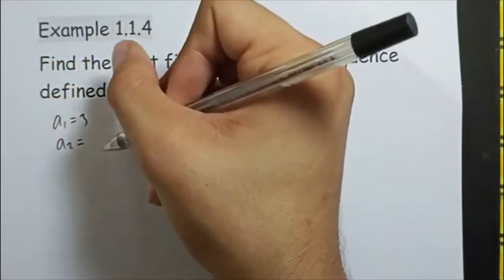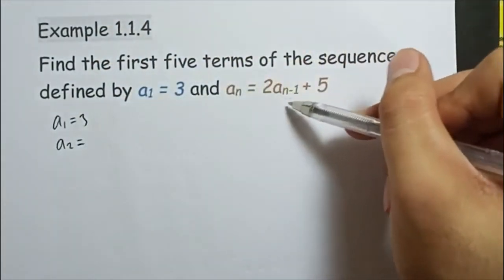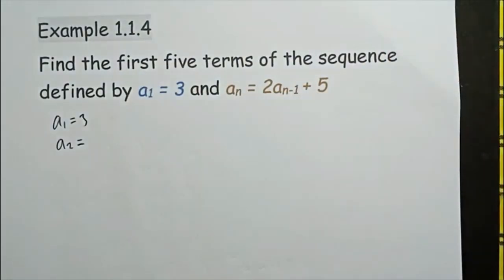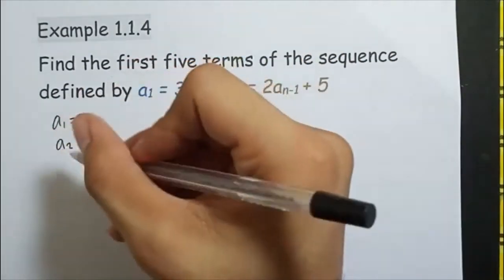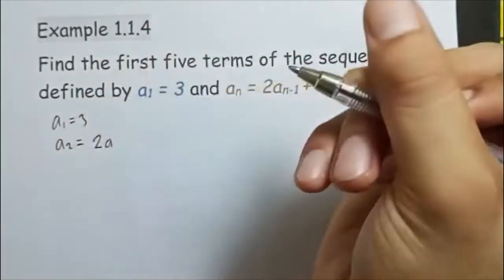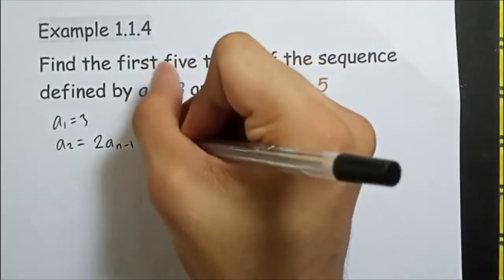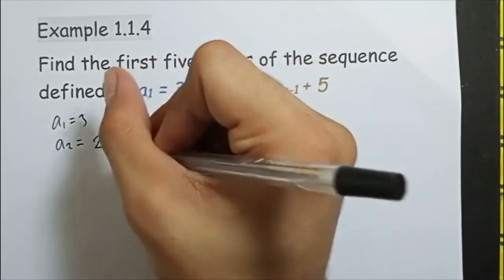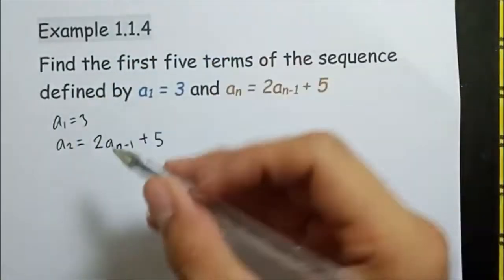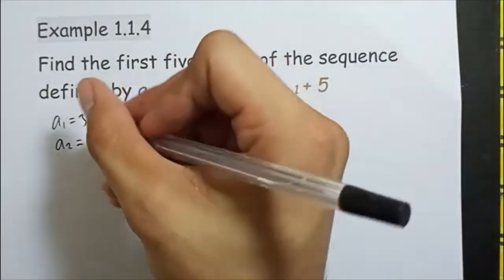A sub 2 natin. So, sabi dito, A sub n is equal to 2 A sub n minus 1 plus 5. So, kapag meron tayong A sub 2, kakaroon tayo ng 2 A sub n minus 1 plus 5. Then, itong n na to ay magiging 2. So, A sub 2 minus 1.